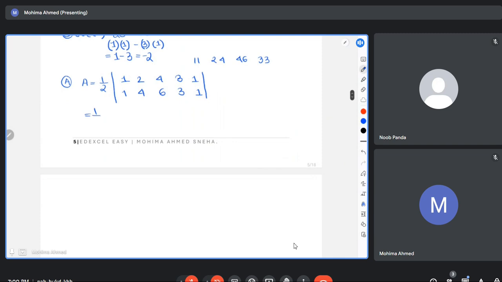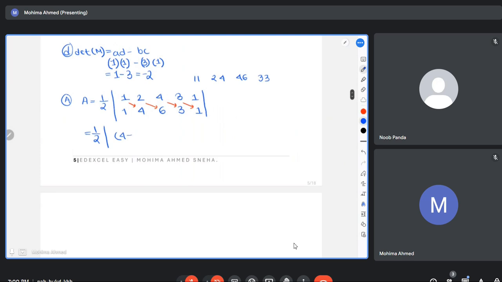Now it will be half modulus. We are first going to multiply it in this direction, which is 4 into 1 is 4, 12. 4 into 3 is also 12, and this is again 3.